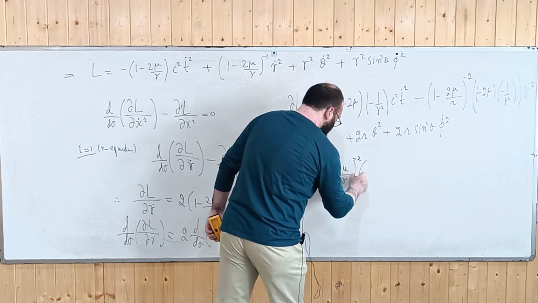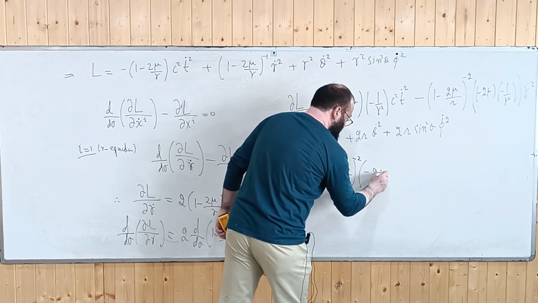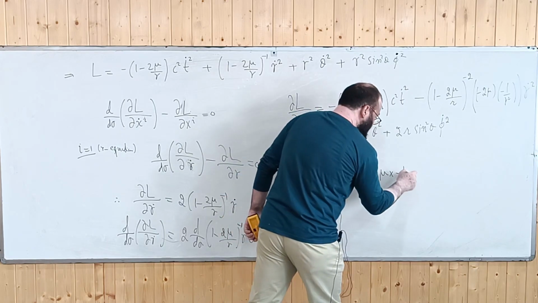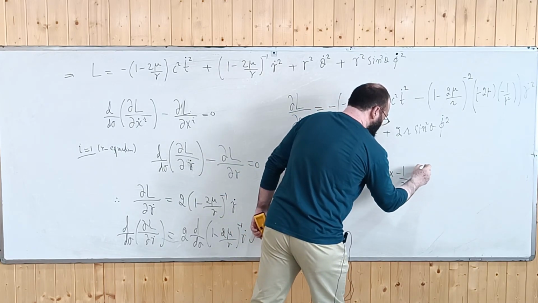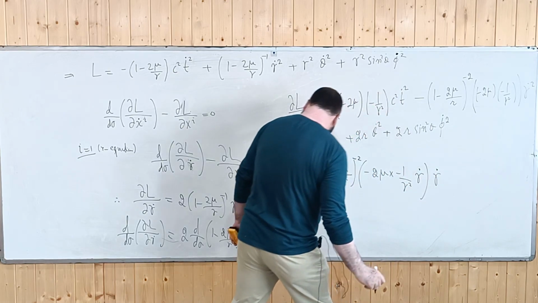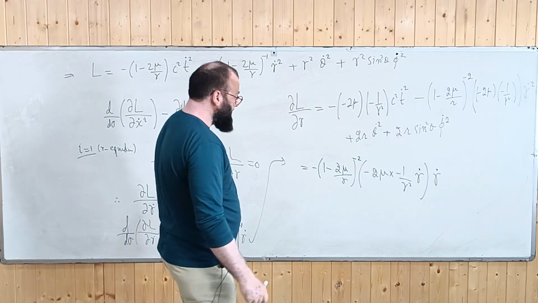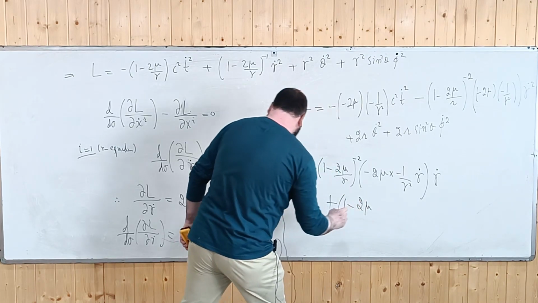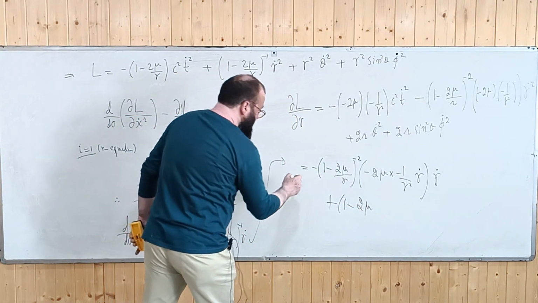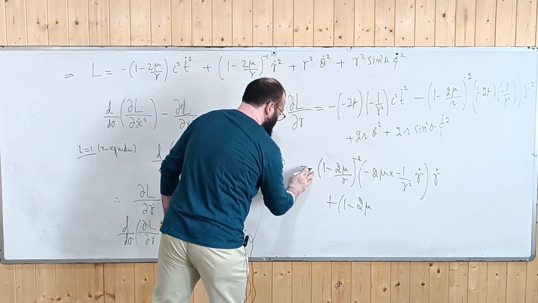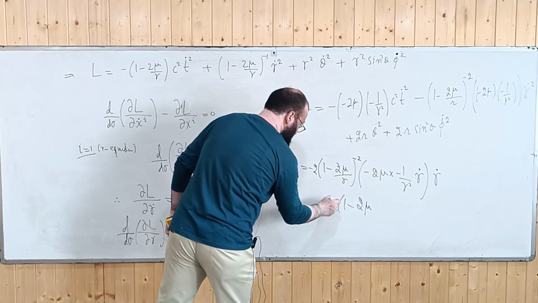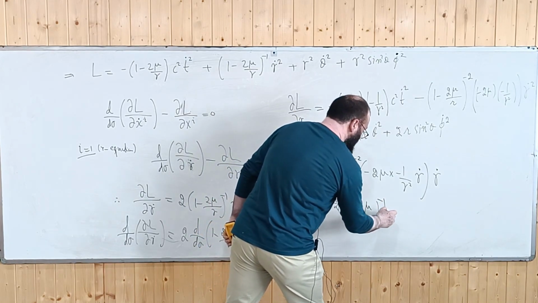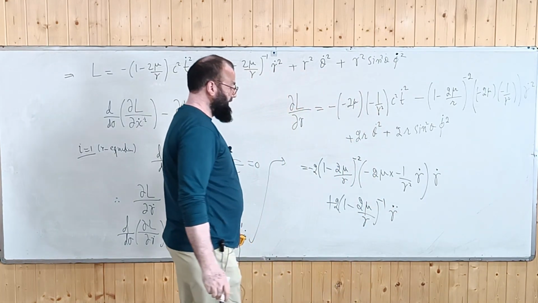Then there will be the differentiation of this thing, so it is minus twice mu multiplied by minus 1 by r square, and dr by d sigma, that will be r dot. And then you are having r dot with this thing. Then plus 1 minus twice mu by r raised to minus 1. There is a factor of 2 outside; you need to take care of that factor of 2. Then you are having r double dot.